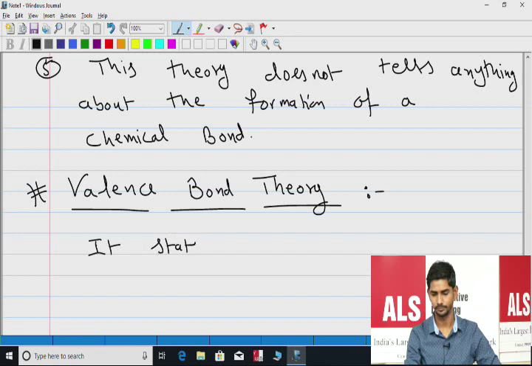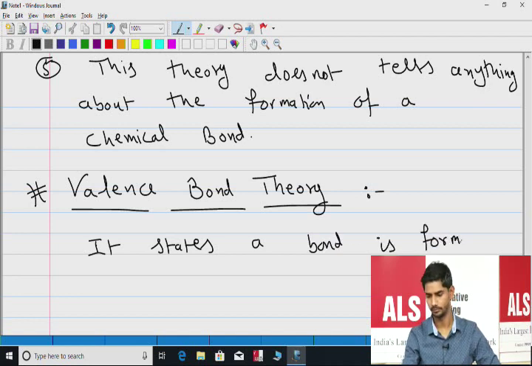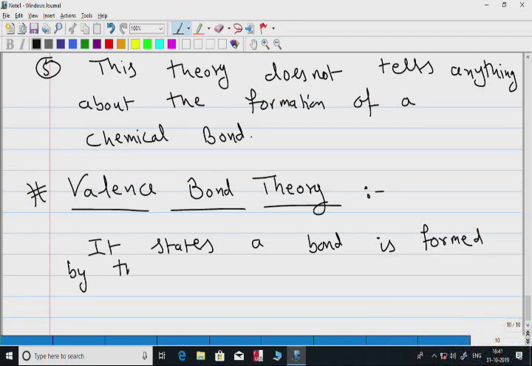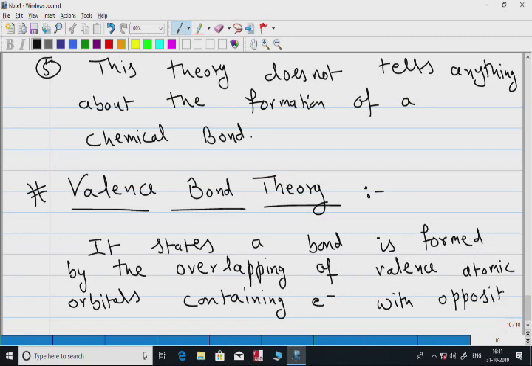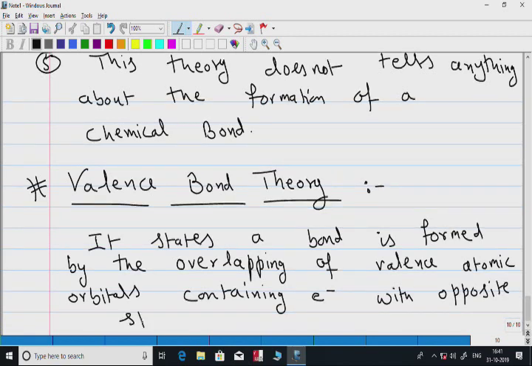You can copy this one along with me. It states that a bond is formed by the overlapping of valence atomic orbitals containing electrons with opposite spin.